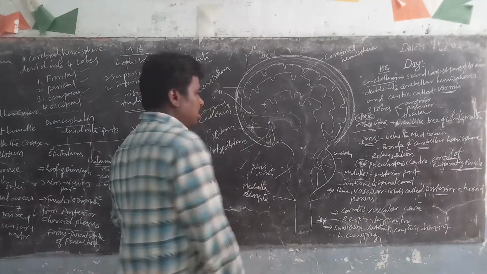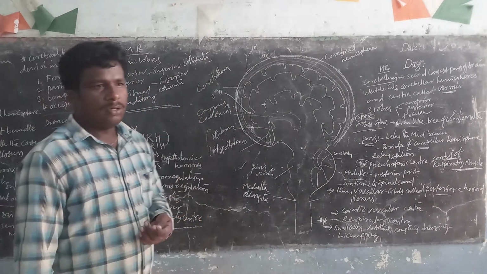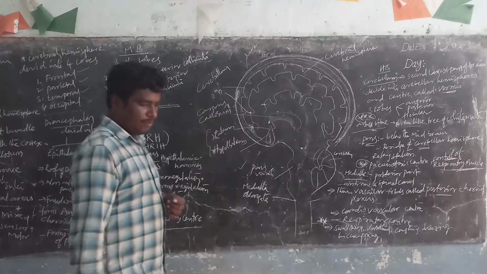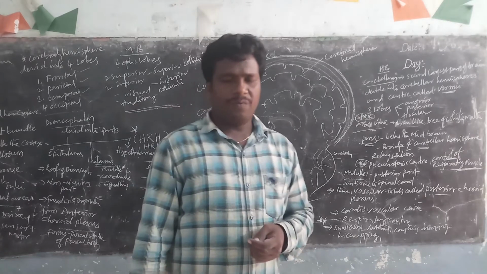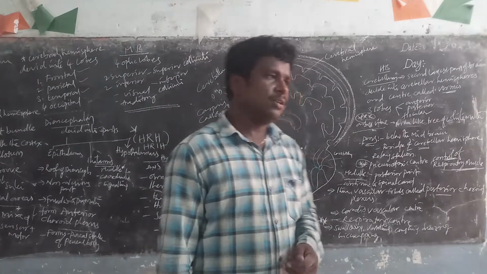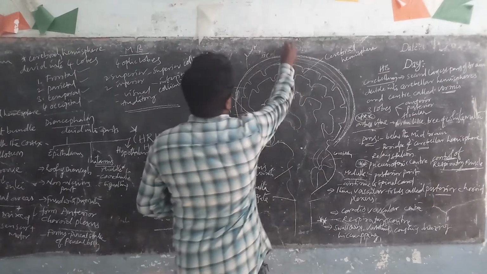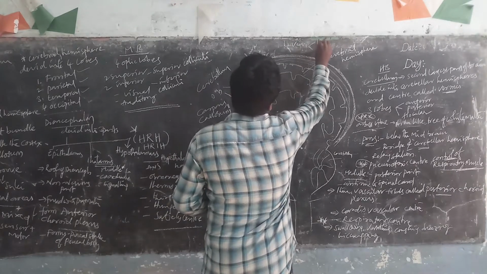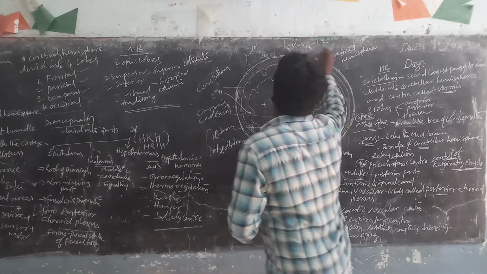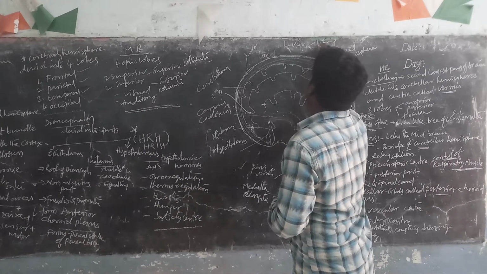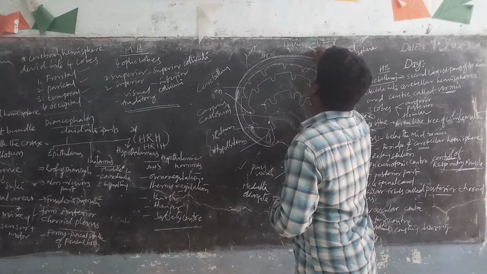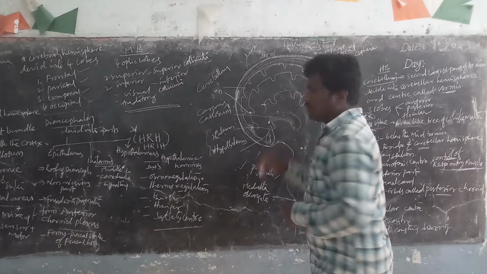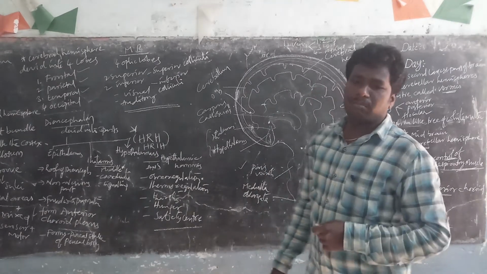And finally, another important thing is the four ventricles covered by the brain. The four ventricles are divided: the first and second are called paracoel, the third is called diacoel, and the fourth is called myelocoel. Okay, the fourth one is called myelocoel.